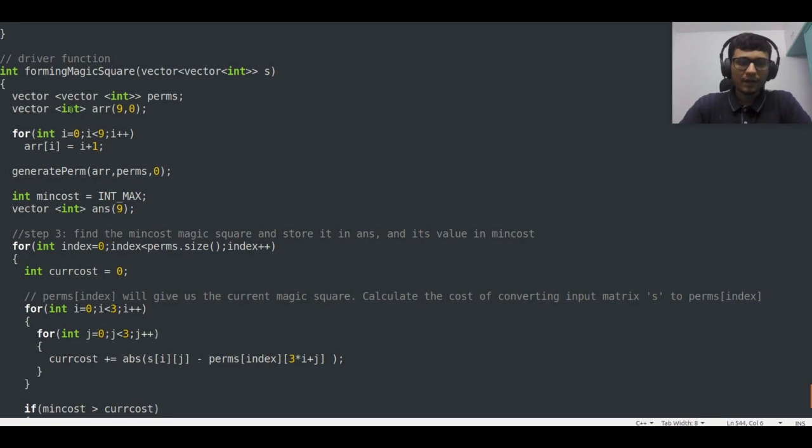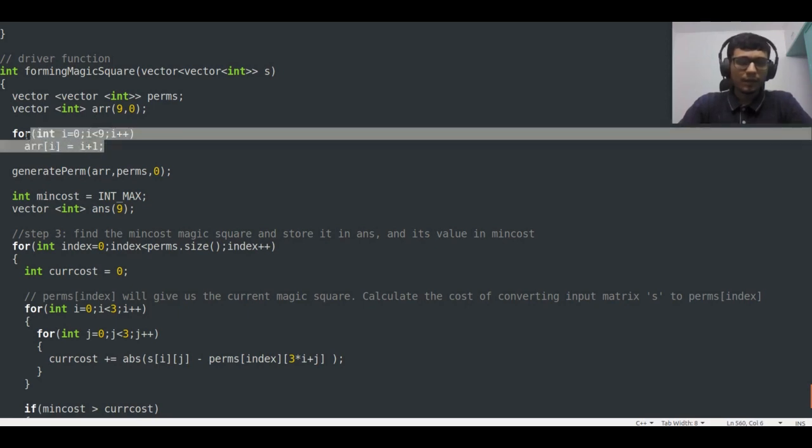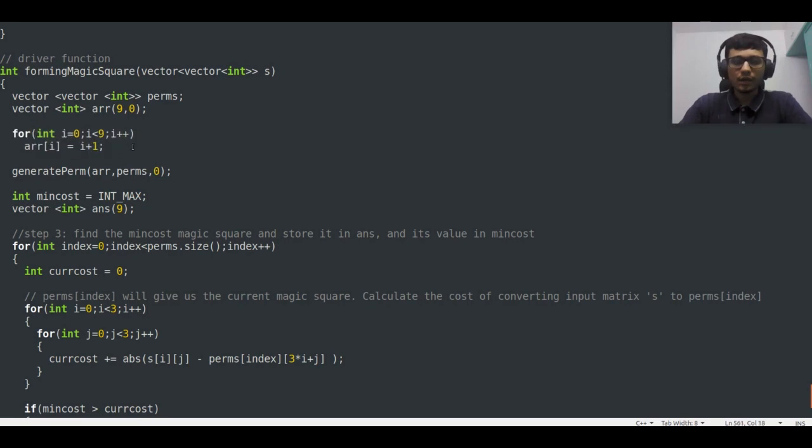After that, we have also declared this array arr, which is a vector of integers, and it will hold all the integers for which we want to generate all the permutations. Here we are populating it with the values from 1 to 9 because we want to generate all the permutations for the numbers from 1 to 9.